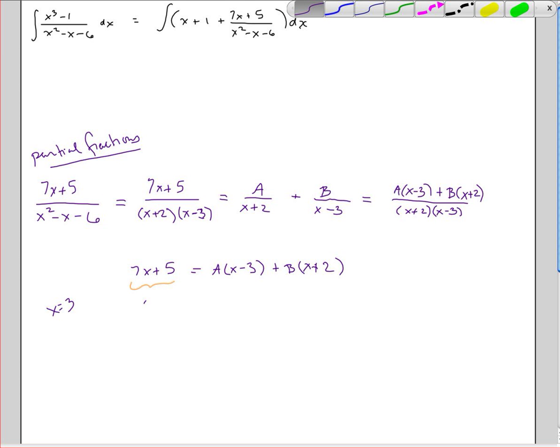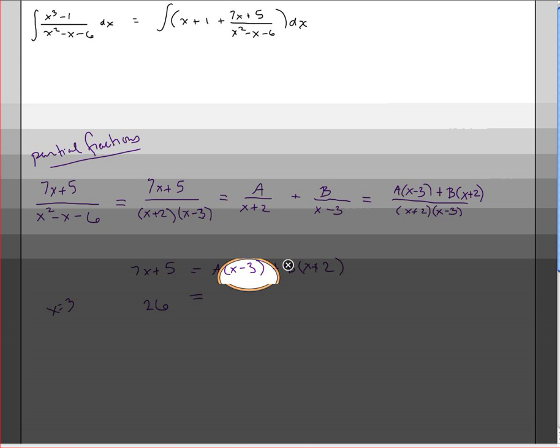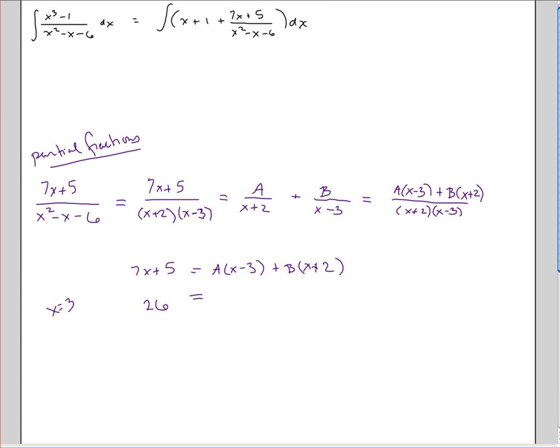And over here, well, if I plug in 3, this thing just goes to 0, right? And so I'm left with b times 3 plus 2, that's going to be 5b. So b has got to equal 26 over 5.